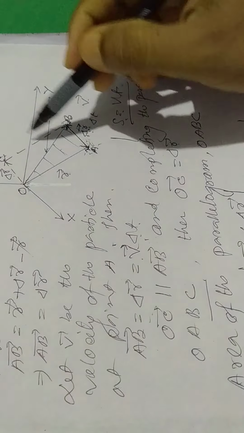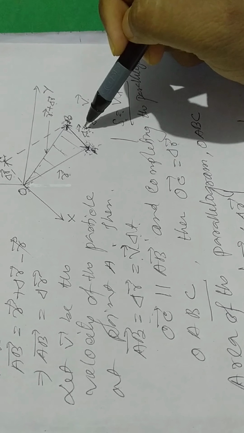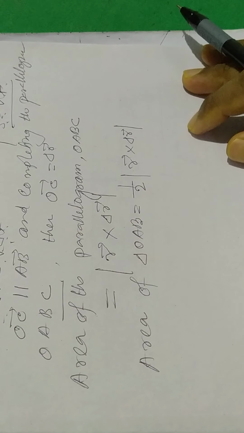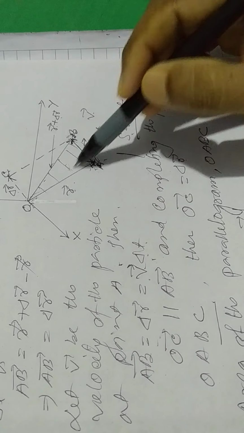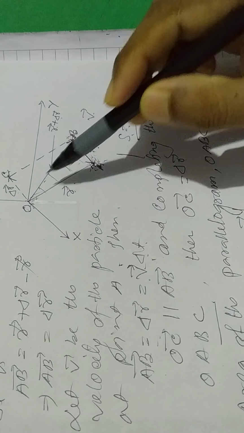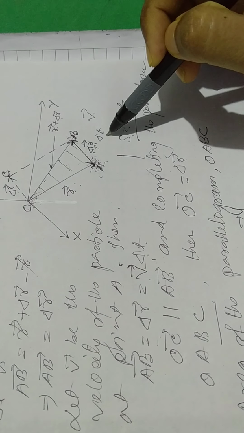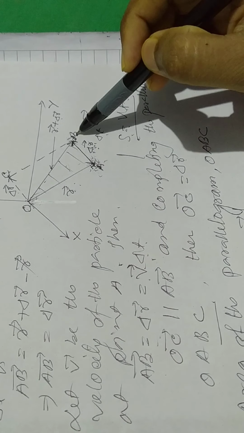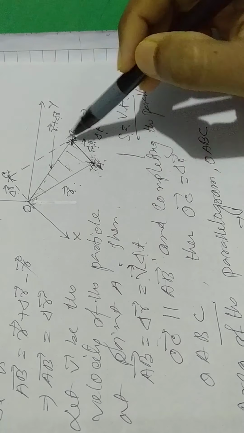You see the diagram? Area of this triangle is half into base into altitude, half R cross del R. So when the particle is at point A, the position vector of the particle is R. This position vector sweeps out after time del t, shifting to another position vector OB.